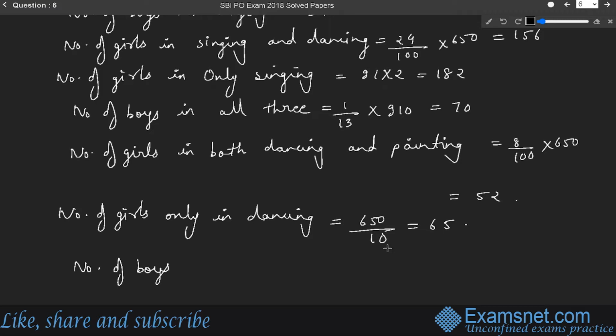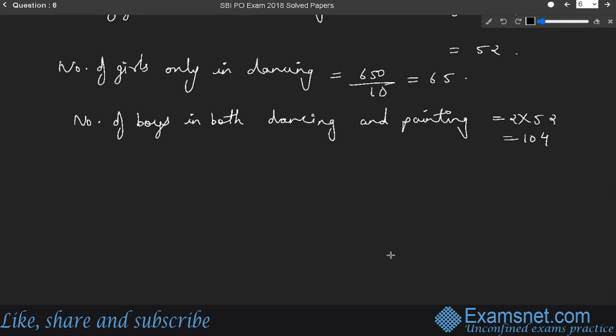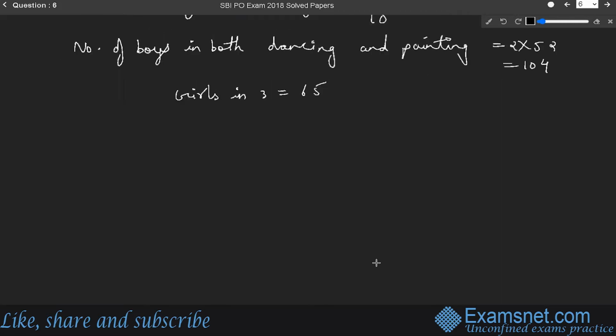So first, let us see the number of boys in both dancing and painting will be equal to 2 into 52, which is equal to 104. And we know that number of girls in all three will be equal to 65. Now, the diagrams will be in this way.